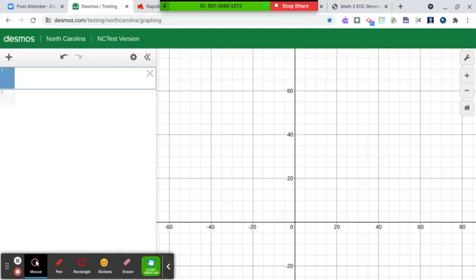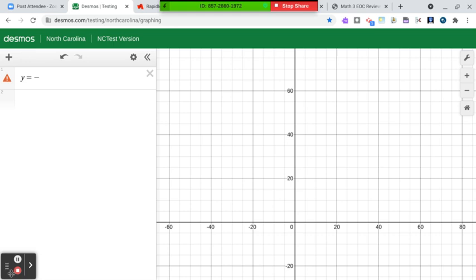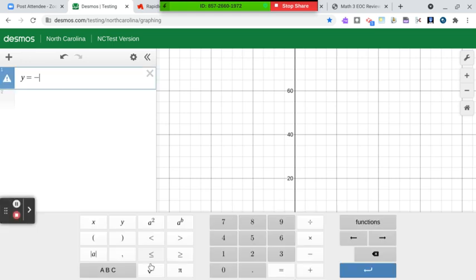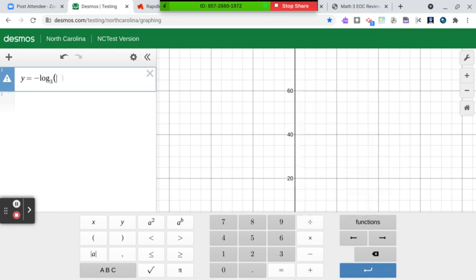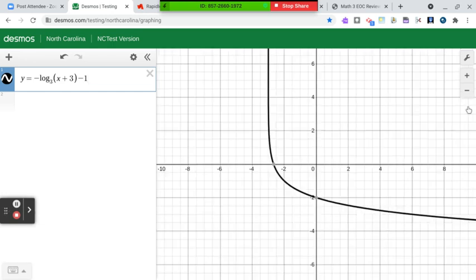Again, let me just graph this real quick to make sure you know how to do that in Desmos. Y equals negative. We're going to go to the functions button, hit miscellaneous, and it's this log base 3 of x plus 3, and then minus 1.